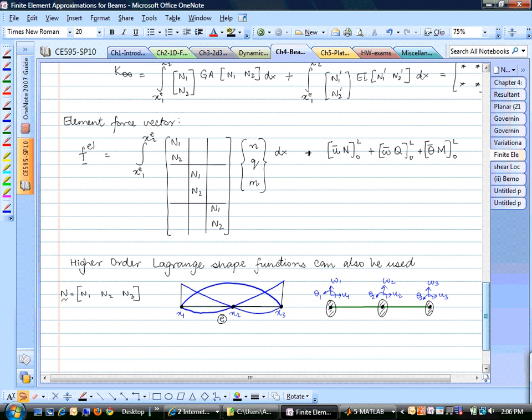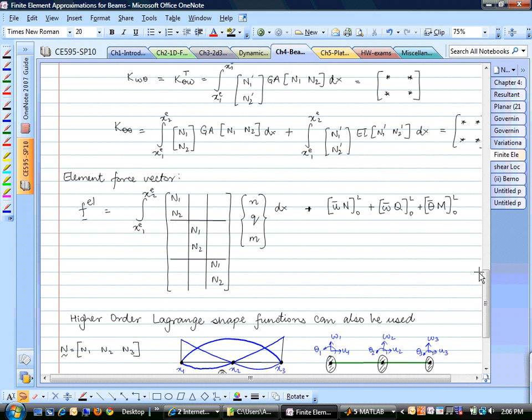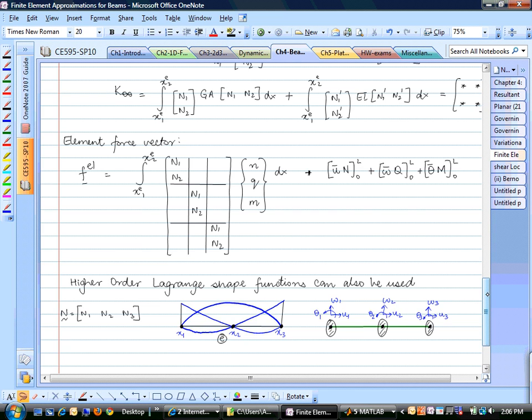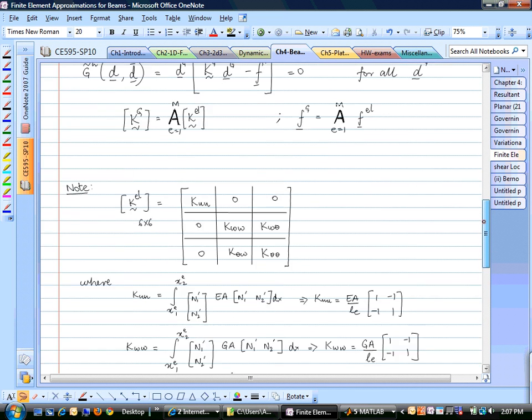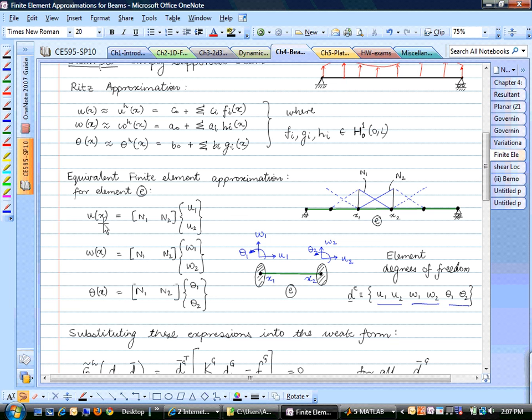But like I told you also when we were talking about the Ritz method, if you use the same order polynomials, for example, here we were using linear polynomials for u, for w, and for theta, that causes some problems. So even in the Ritz method, we chose that w is going to be interpolated with a quadratic polynomial and this with a linear polynomial.